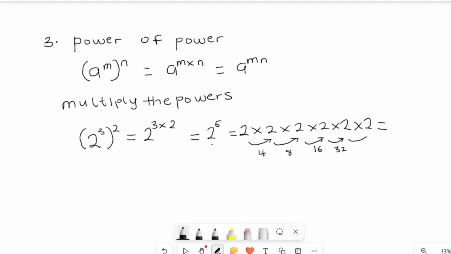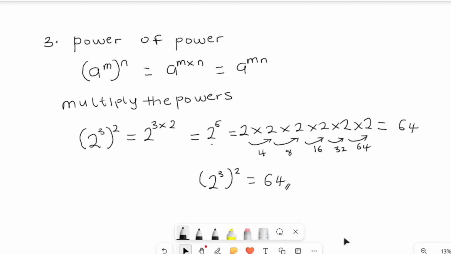And 32 times 2 will give us 64. So our final answer will be 64. So we can write that 2 raised to power 3 raised to another power 2 is equal to 64. So this is the third law, the power of a power.